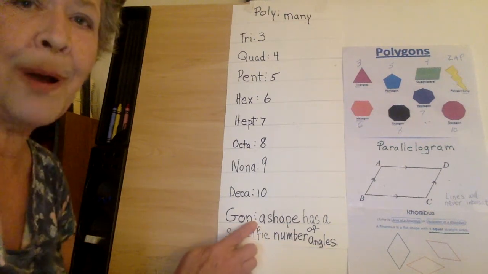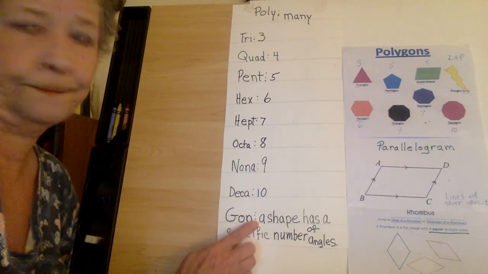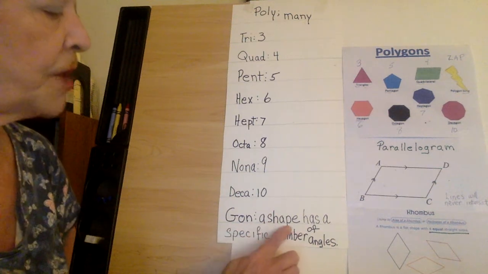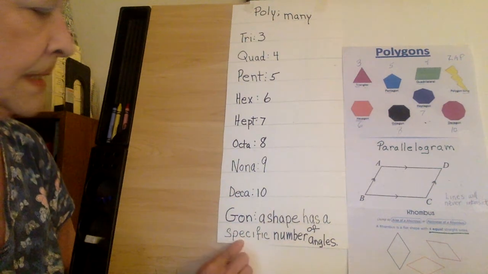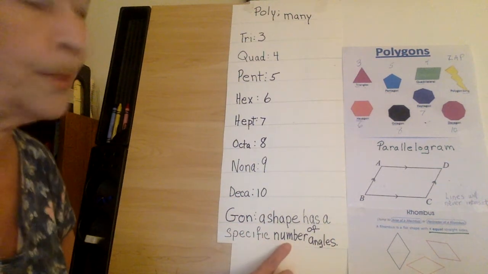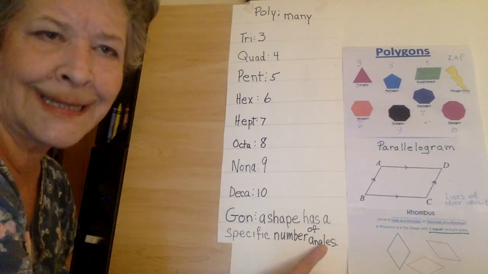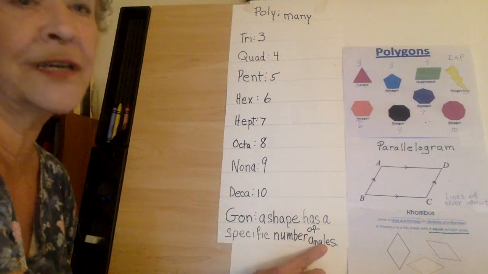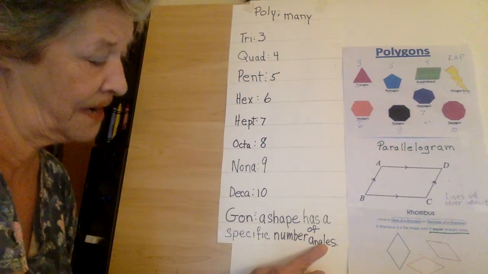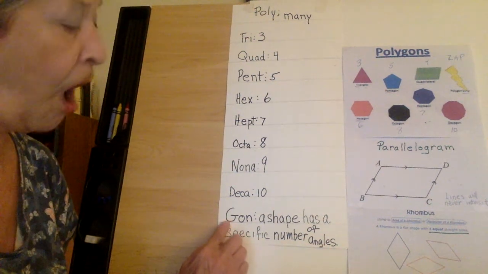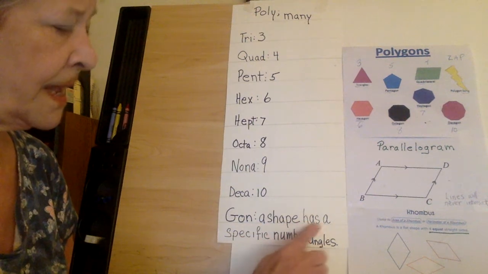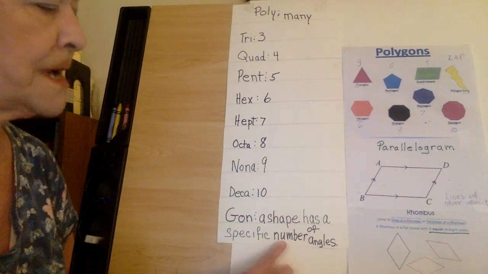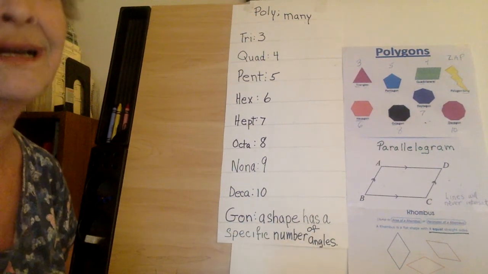Gon, polygon. A shape has a specific number of angles. We talked about lines and angles, but the definition in geometry is gon. A shape has a specific number of angles.